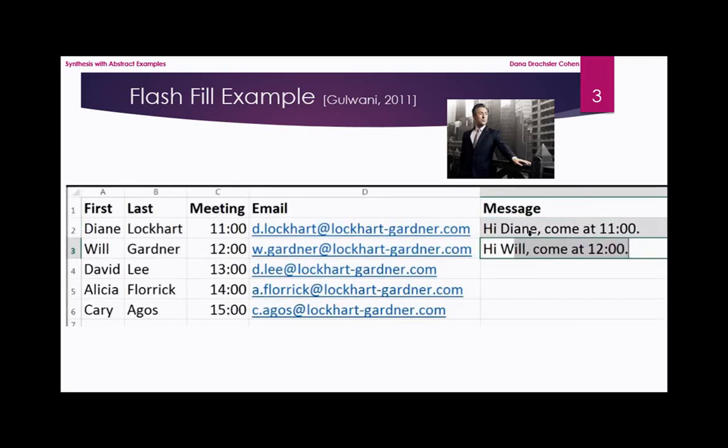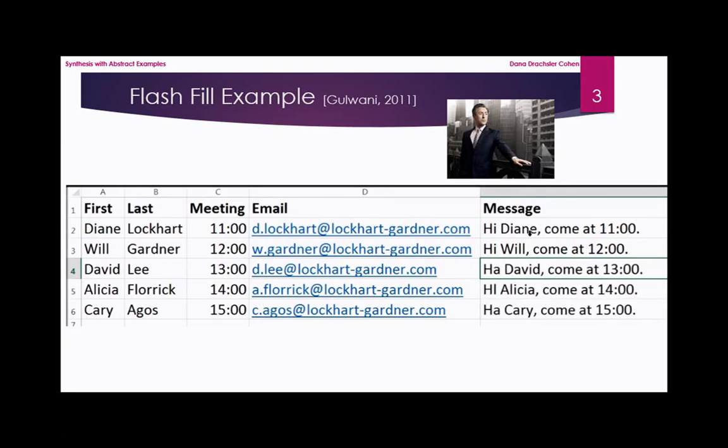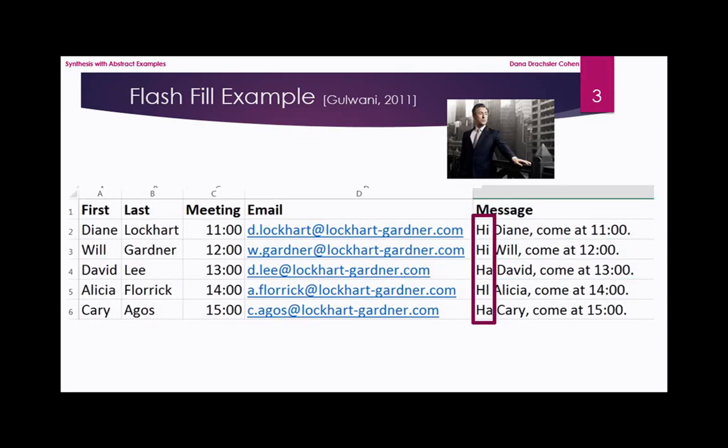He starts typing the first few messages, and then FlashFill kicks into action, synthesizes a program and auto-executes it on the remaining inputs. At first glance, it worked like a charm. But if we look at it carefully, we see that actually the first word is not the greeting hi, but rather the concatenation of H followed by the second letter of the person's first name.